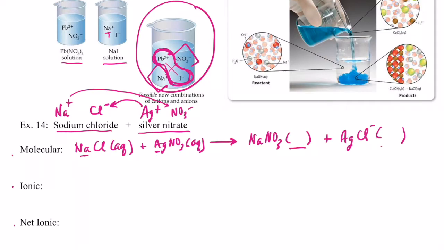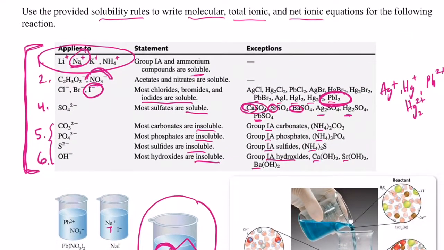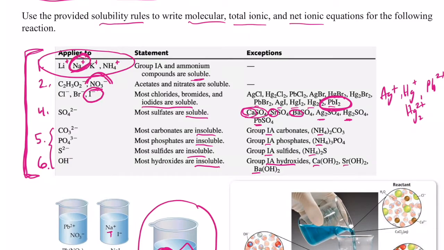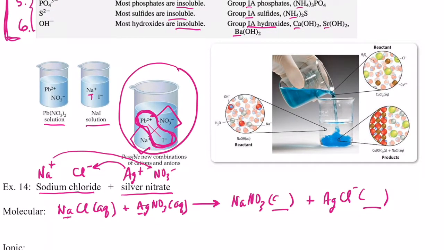Now, to decide what goes in these parentheses, we have to use our solubility rules. So, for sodium nitrate, we can use either rule number 1, which contains sodium, or rule number 2, which contains nitrates, and they say that those are always soluble. So I can put an aq after that, meaning that water molecules will be able to surround those ions and dissolve that crystal. Now silver chloride, there's a stray negative sign there I'm going to get rid of.